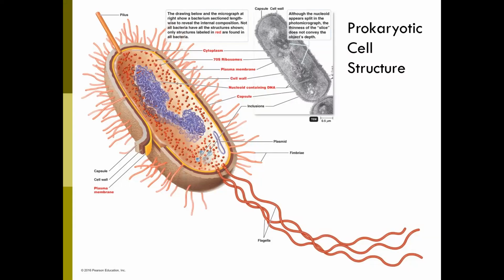But we will talk about fimbria and we will talk about the pilus. Again, you're not going to be tested on this picture, but because bacteria or prokaryotic cells are so important to our class, we certainly need to at least look at the picture and run through it here.